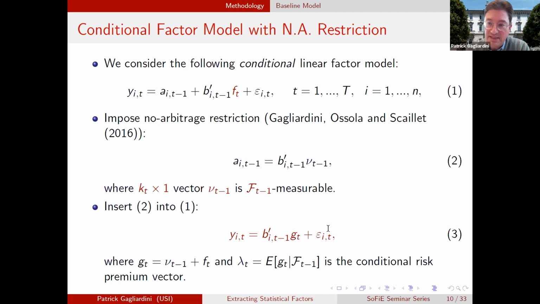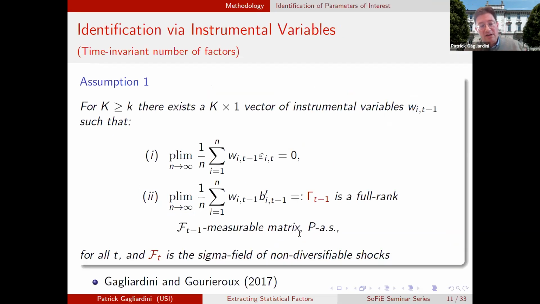If you take one date here, and you consider your vector gt as a vector of your unknown parameters you want to estimate in the cross section, and building on some previous work with my co-author Christian Gouriéroux, we consider as instrumental variables a vector of variables which are cross-sectionally uncorrelated with the error terms, but full rank correlated with the betas, with the unobservable betas, okay?